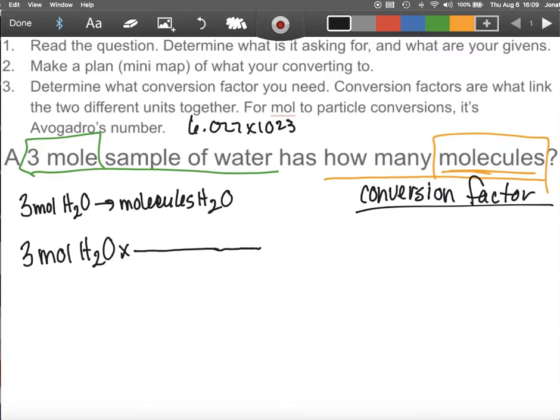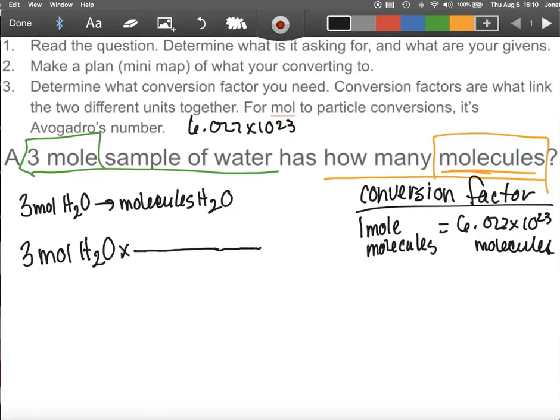So the conversion factor here is for every 1 mole of anything. In this case, it's molecules. That's going to be equal to 6.022 times 10 to the 23rd molecules. It's a lot of molecules. And then again, these are atoms and things like that, so you will expect a large amount of them.